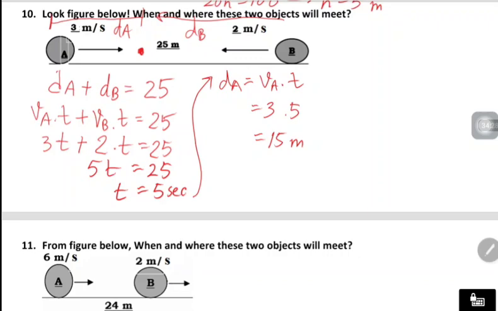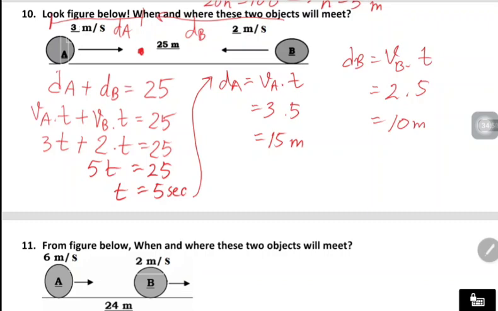This is measured from A. But if the meeting point is measured from B, it will have a different value. We calculate distance B is Vb times t. Velocity B is 2 times 5, and we get 10 meters from B.